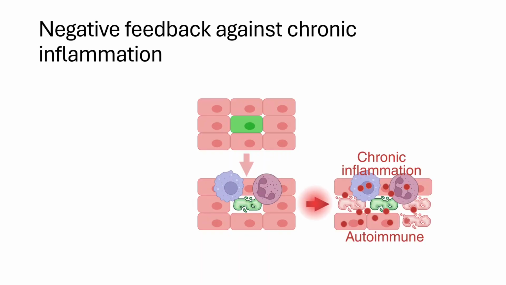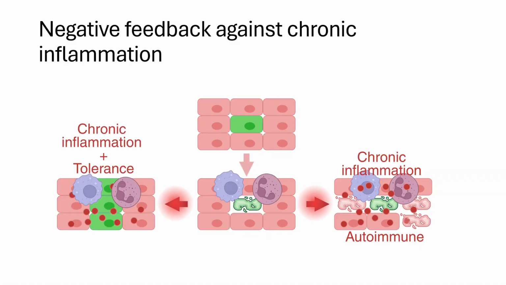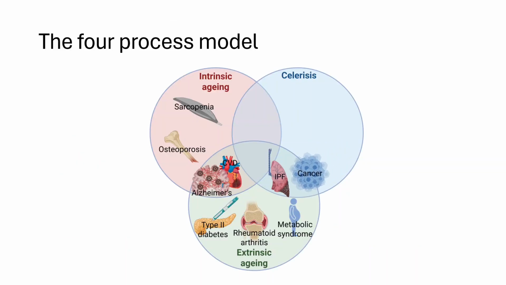If we have a chronically inflamed tissue, we can either have the same degree of immune activation that we would have without the chronic inflammation, which means we get autoimmune disease, or instead we have chronic inflammation plus tolerance, where we have reduced likelihood to get autoimmune disease, but we have increased likelihood of getting diseases such as cancer, where we miss something. So cancer is also a result of inflammation and extrinsic aging.